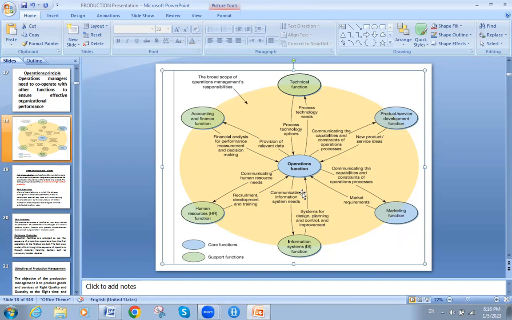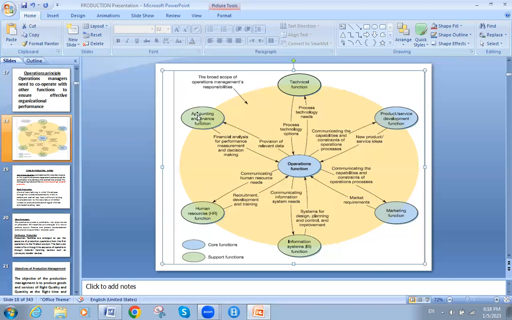The operation functions include the technical function, accounting, human resources, information system, marketing function, and production system. As I showed you, there is an integration and dependence relationship.